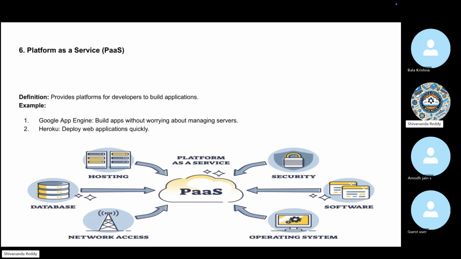Platform as a service covers hosting, database, network access, operating system, software, and security. The cloud provider provides all of this. So what you need to do is just write your code and deploy that code. That's it. The remaining provisioning, creating, managing, and restoring, the cloud will take care of. Your job is to write the code and upload the code. The rest of the things will be taken care of by the cloud provider.